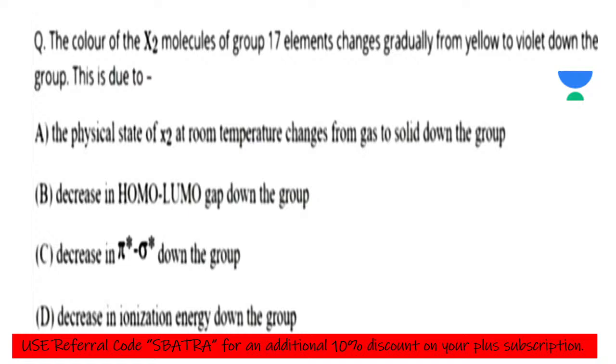This is due to, options are: option A, the physical state of X2 at room temperature changes from gas to solid down the group. B, decrease in HOMO-LUMO gap down the group. C, decrease in pi star sigma star down the group. D, decrease in ionization energy down the group. Okay, so this is your question.